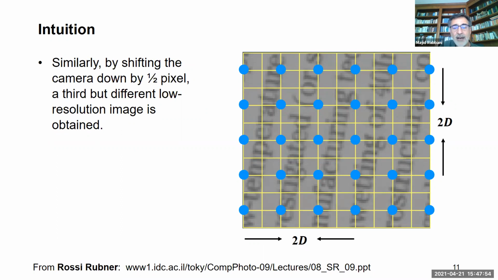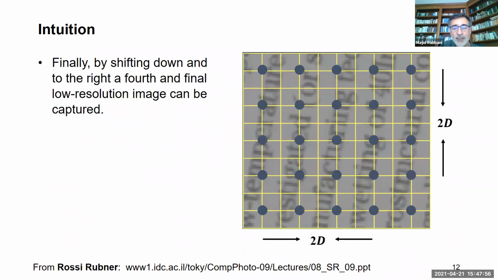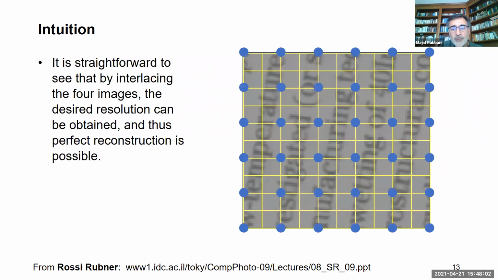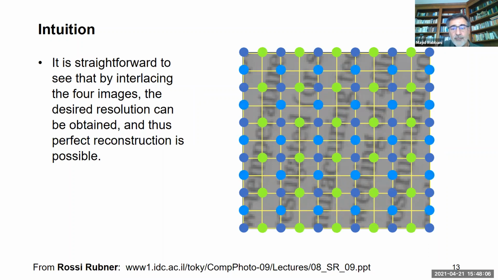And then down and to the right by half a pixel and took another picture. And then somehow I combined all of these pictures together, as you could see in the animation. Now, collectively between the four pictures, I do have the information that might enable me to reconstruct that image at a higher resolution.